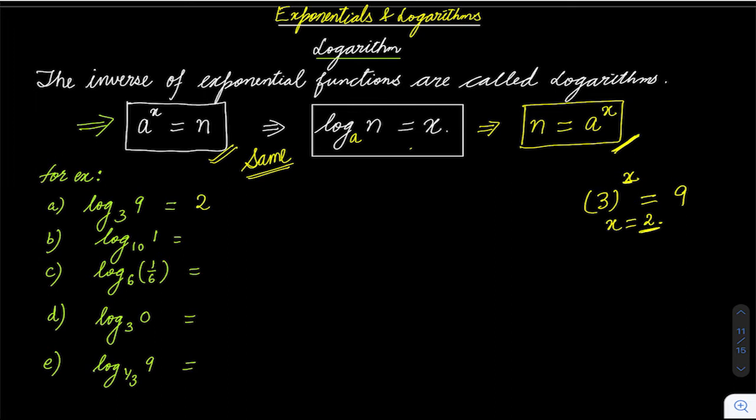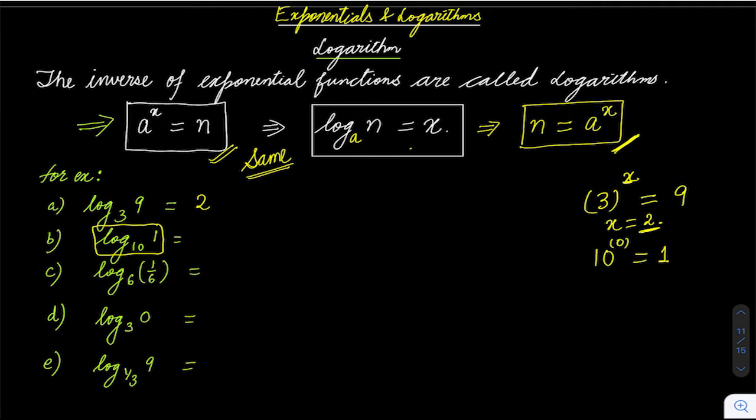I hope you understand this. If somebody says log of 1 to the base 10, that is part B. This value is actually the power of 10 that makes it 1. So what power should 10 be raised to get 1? That power we know is 0.